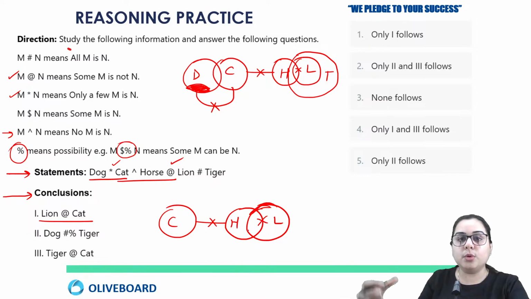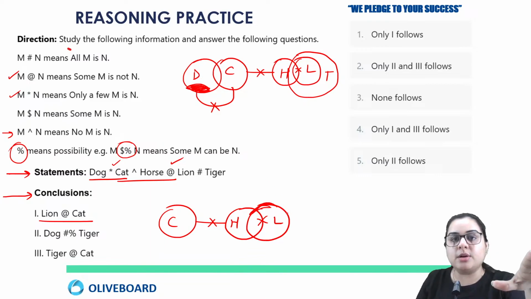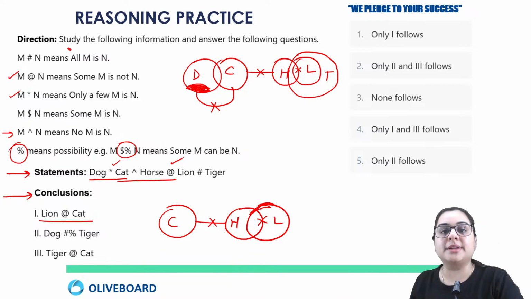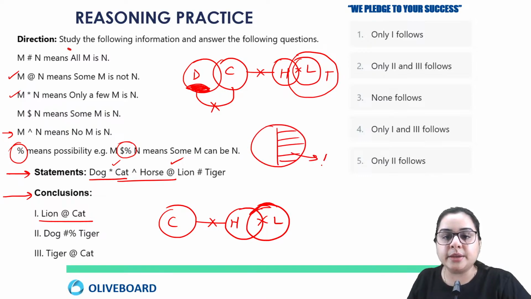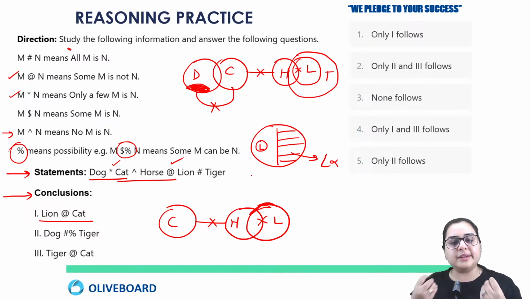Now the whole of lion can come in cat, because he said some H is not L, he didn't say some L is not H. If some part of H, L cannot come, then L can come in the rest of the part. So L is very independent. There is nothing negative about L. L can go anywhere, and if L can go anywhere, I cannot be sure that it is some not between lion and cat. So this is wrong.